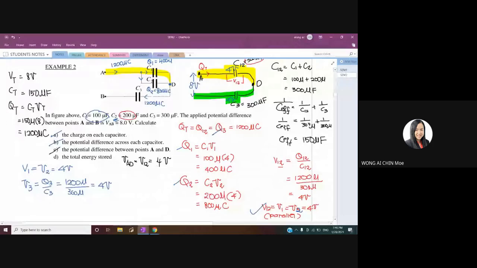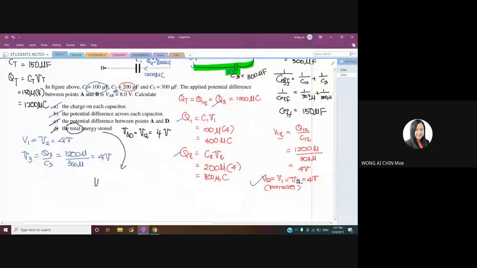Okay, then finally, the total energy stored. When the question says total, it means we want to find everything, including C1, C2, C3. If the question says total, you must use total. So we have 3 equations for total energy.